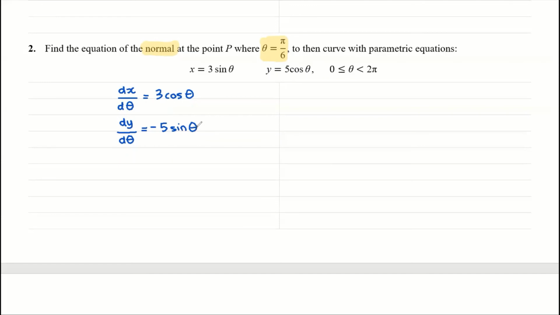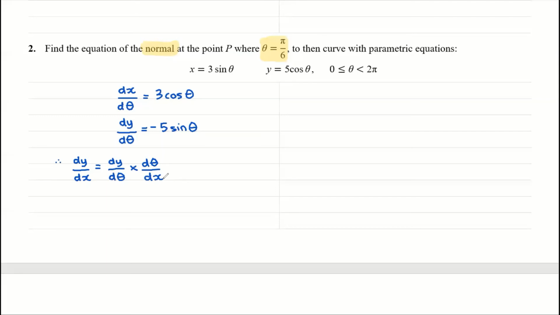So now we need to figure out what dy by dx is at this particular point. Okay, so there's various ways we could do this. All right, I'm going to get an expression now for dy by dx because we haven't done that yet. So therefore, dy by dx is simply going to be dy by d theta multiplied by d theta by dx.